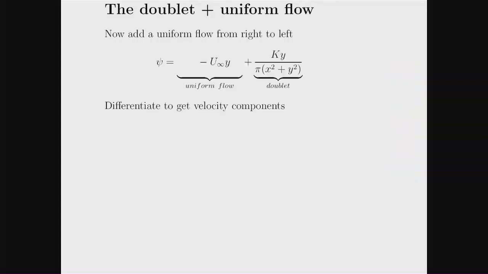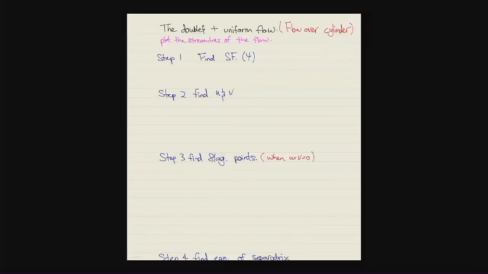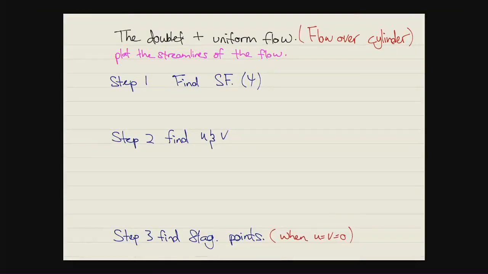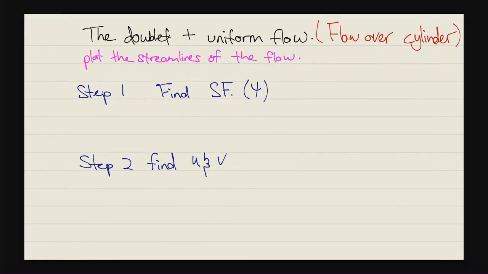Okay, so back to our usual. The first step is always to write our stream function for a doublet and a uniform flow. That's always, remember, step number 1. And I'm going to write it in Cartesian coordinates for now.